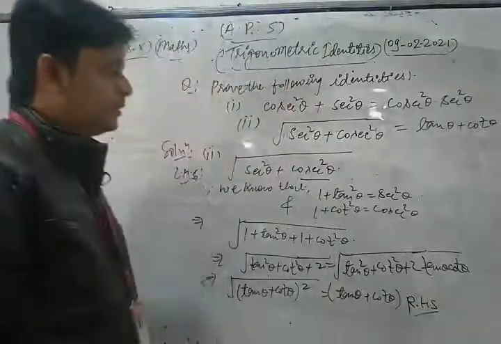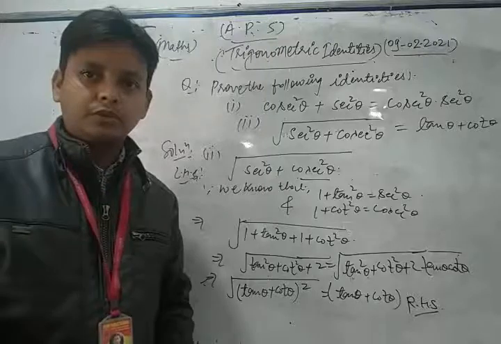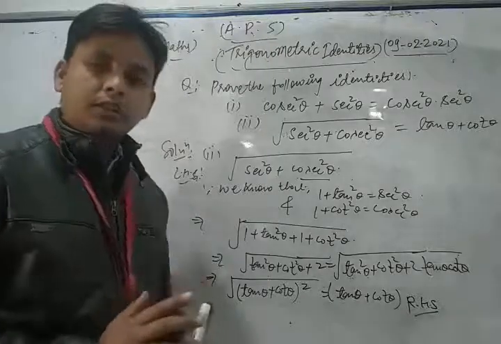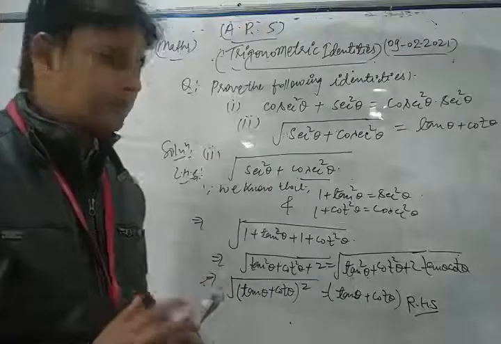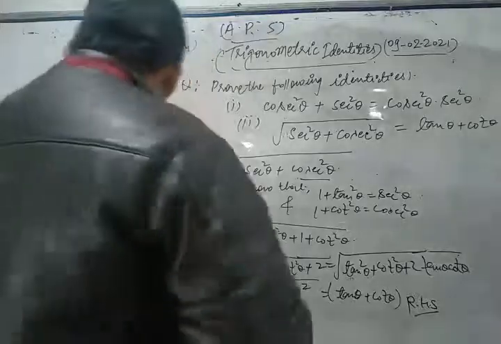Thus, dear students, this is the method to solve this type of question. Now we take and solve some other important trigonometric identities of your syllabus, which came in previous year board examinations. Let's see.